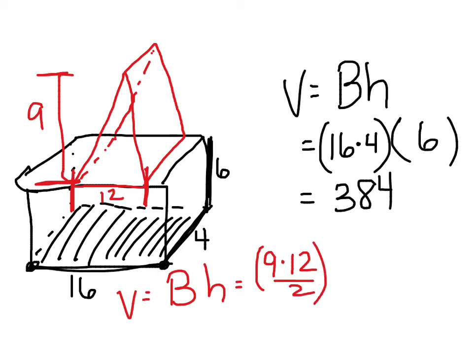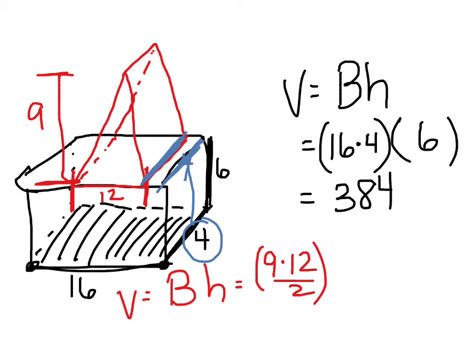Then the height of the object, or the depth of the object, like how tall is the box? How long is this line right here? This is the part that is kind of confusing with this problem. How far is it from here to here? 4, right? If this is 4 here, then that means that this is 4 there.